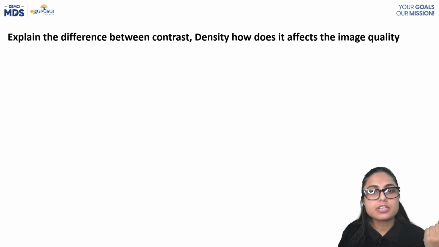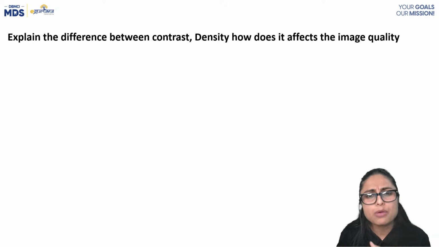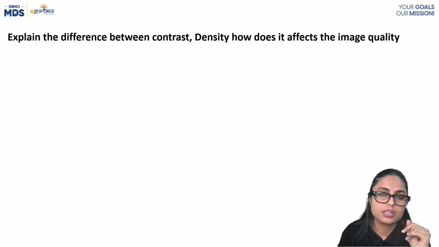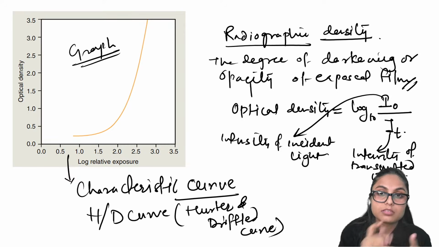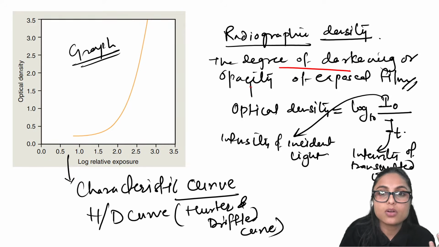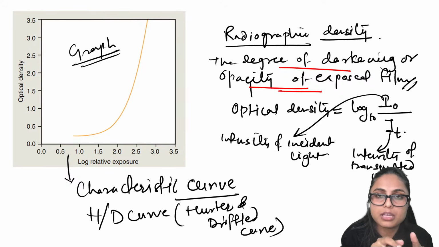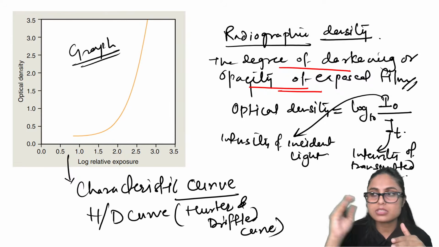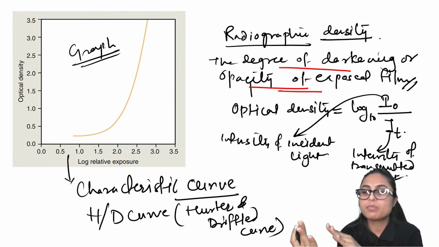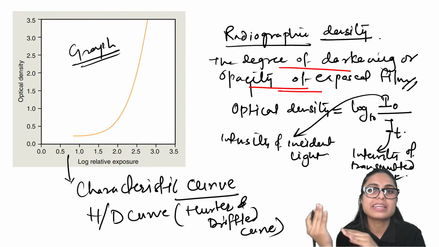Explain the difference between contrast and density, and how they affect image quality. Density is the degree of darkening or opacity of the exposed film. When you expose the film and process it, how dark or opaque that radiograph is, that is your radiographic density.